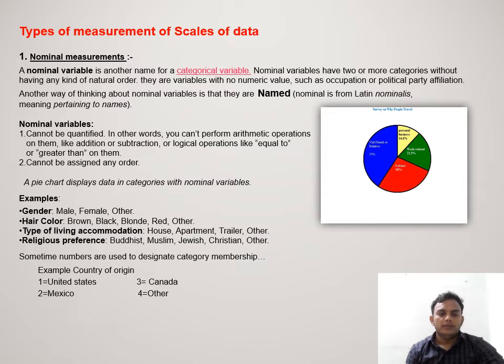For example, country of origin: one represents United States, two represents Mexico, three represents Canada, and four is other country. So these types of codings are also made for nominal variables.